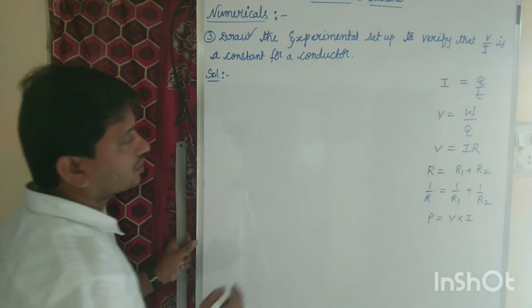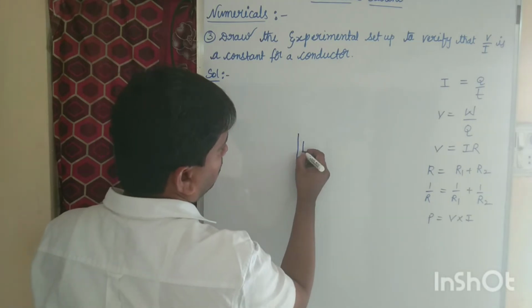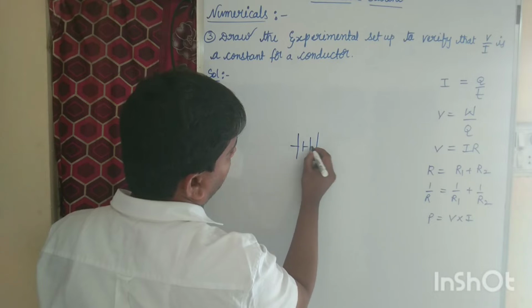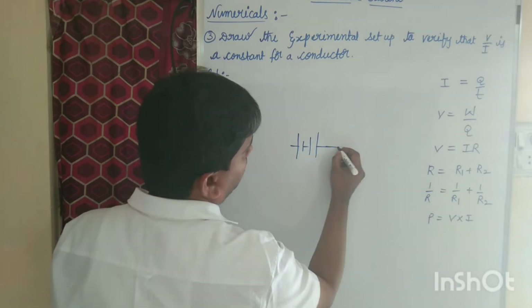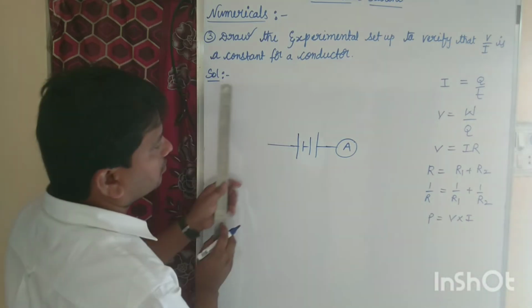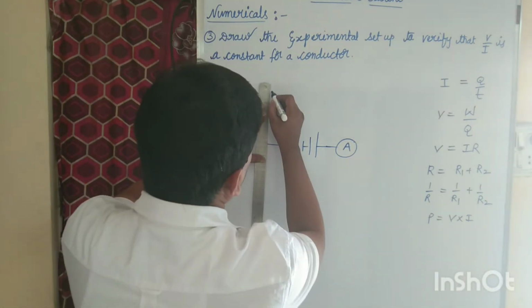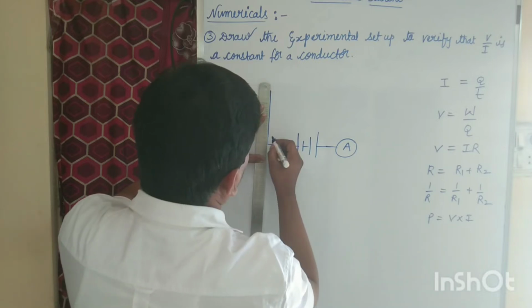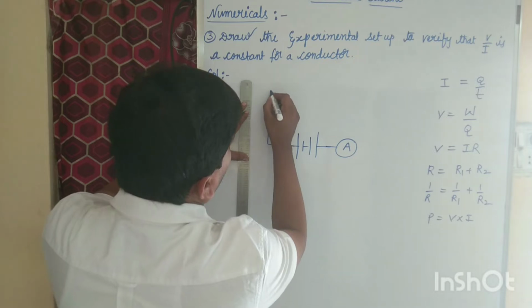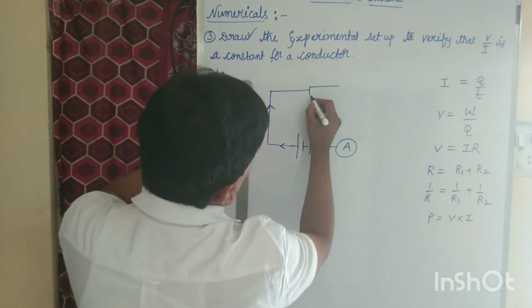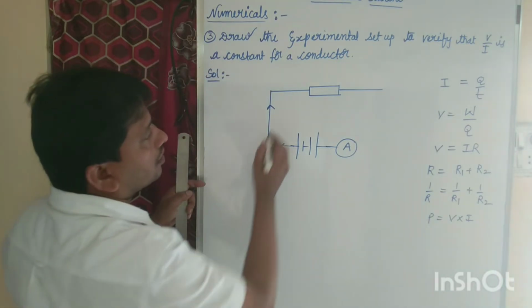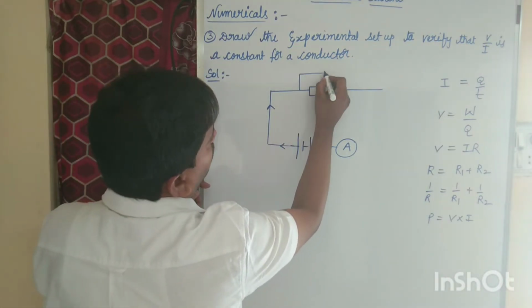So this is a battery connected to ammeter. As the current is flowing, and this is a conductor, and this is voltmeter.